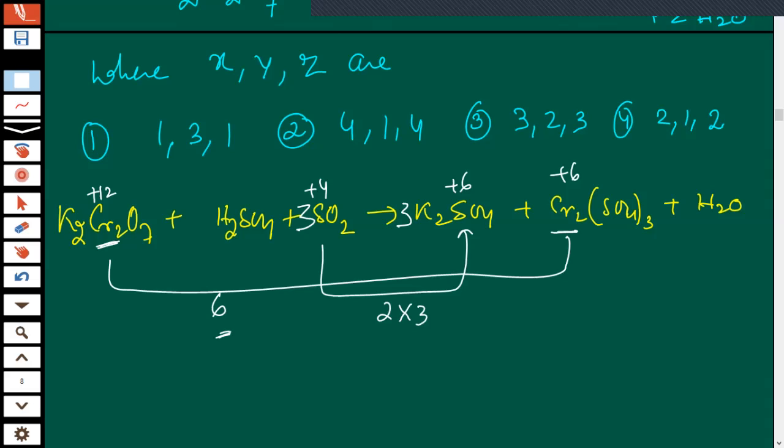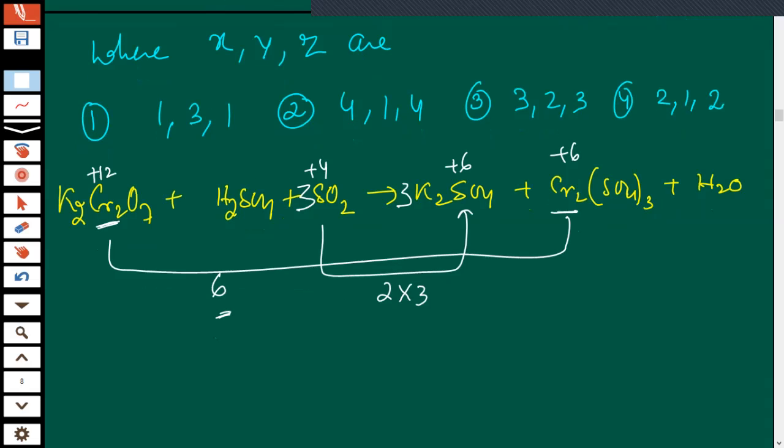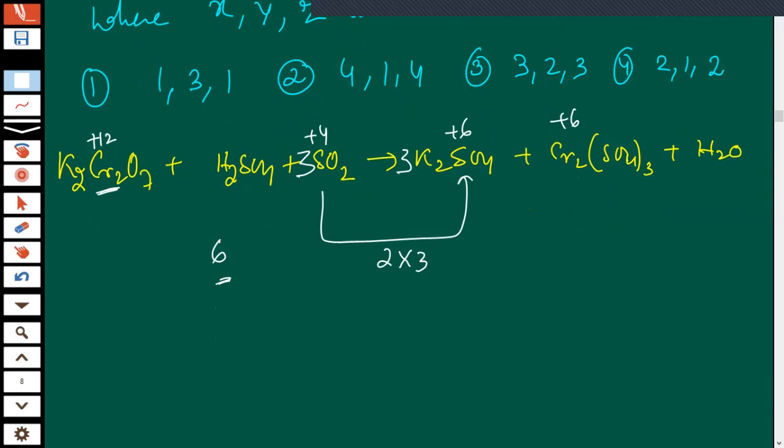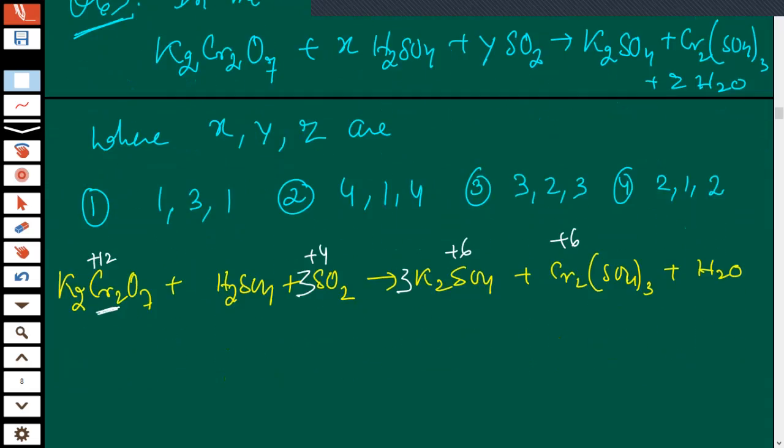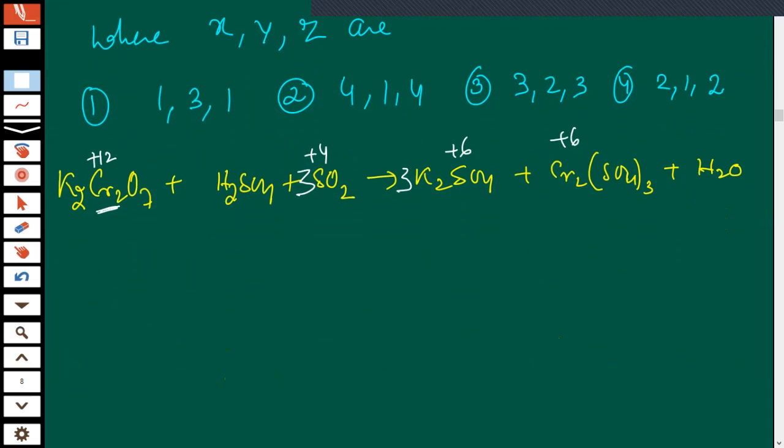Now I will delete this one because I got the number. Three sulfurs are here, 2 chromiums are there. Now please balance sulfate. How many sulfates are there, children?